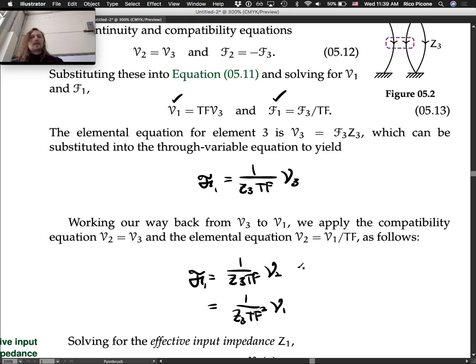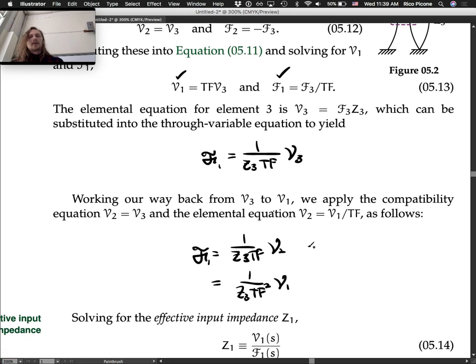So I did 2 steps there; I really only needed to do 1. But however you eliminate them, now I have a relationship between F1 and V1, right?